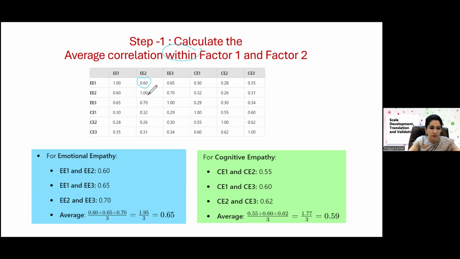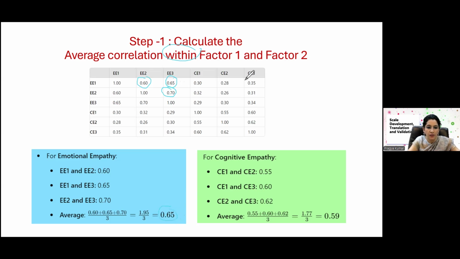If you see the correlation between EE1 and EE3, it is 0.65, because you have to see the correlation between the same, and then it is 0.70. So this is the correlation amongst the items. So the average is 0.65.